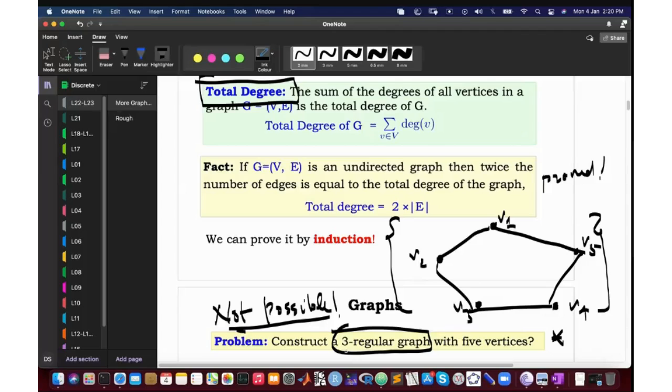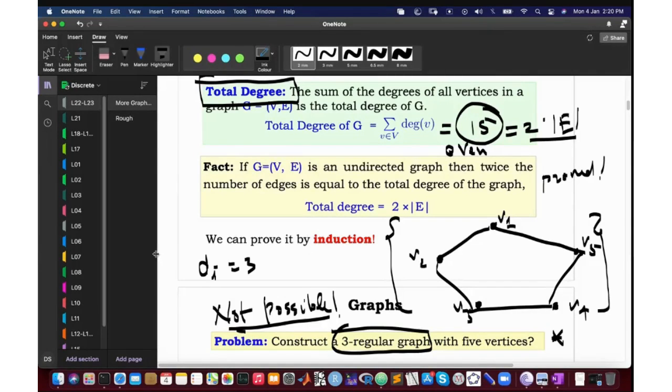This is a 3 regular graph, which means the degree of each vertex is 3, and there are 5 vertices. So the total degree would be 15, right? And this is supposed to be 2 times the number of edges. But 2 times the number of edges should be an even number, right? It should not be an odd number.